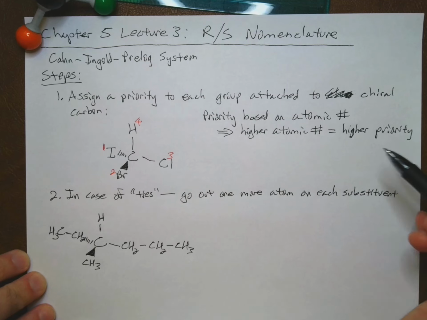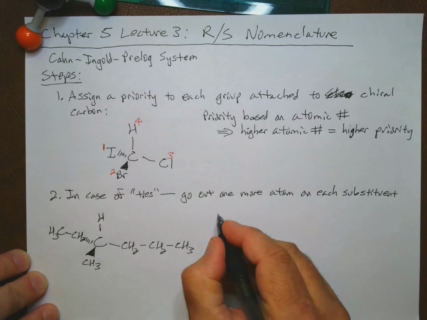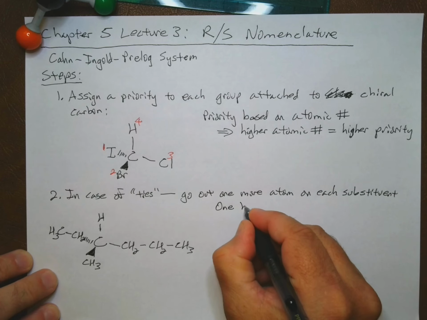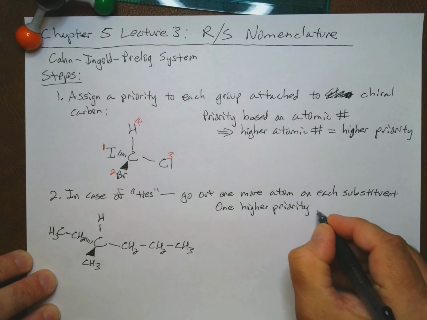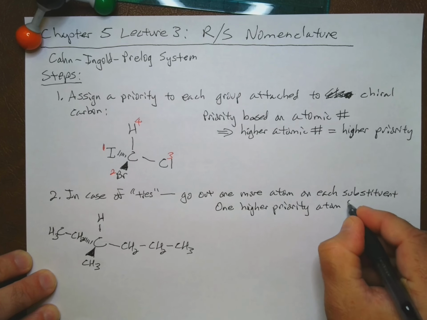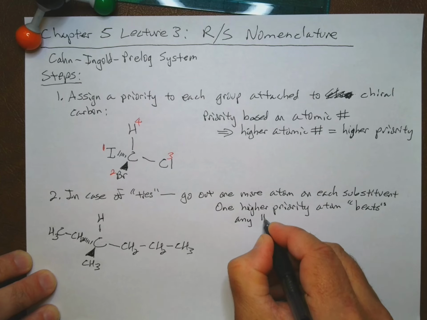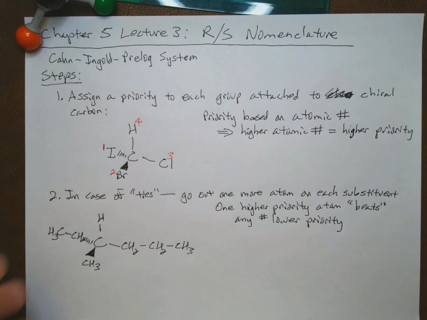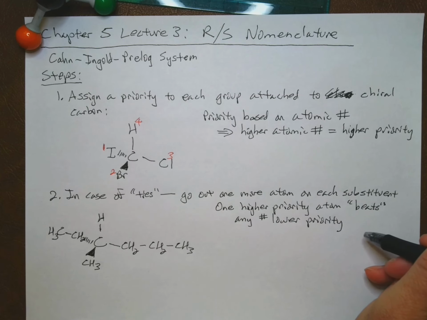And then we'll use the priority rules that we did in step 1 here, with the addition that 1 higher priority atom beats any number of lower priority atoms. We'll look at some examples of those. So it means that if we have 1 carbon, that is higher priority than 3 hydrogens.